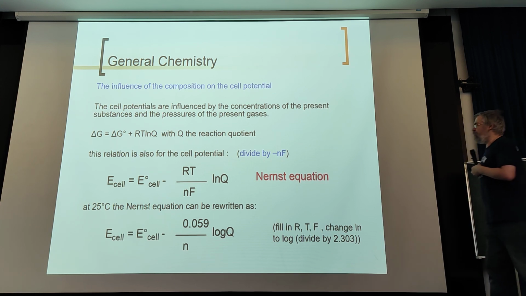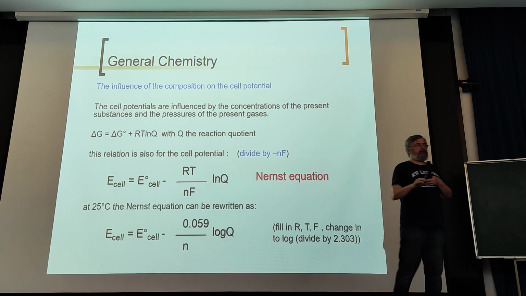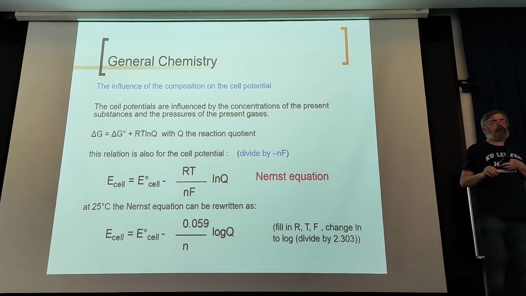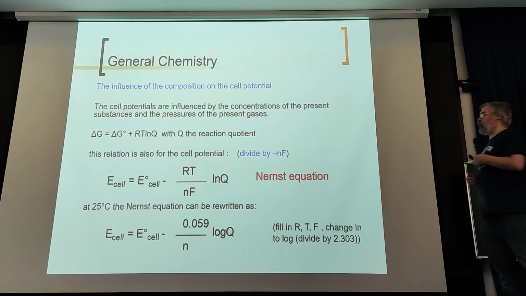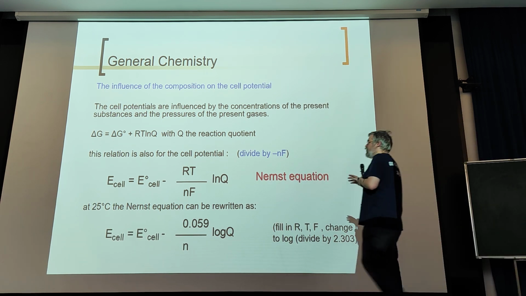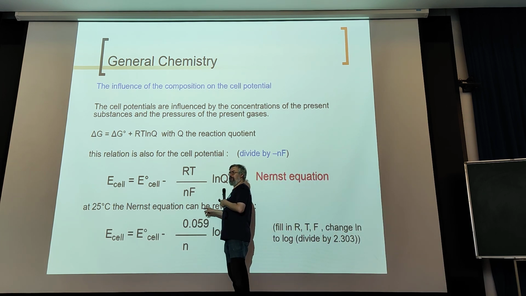So you fill that in. You fill in R, which is a constant. You assume that it's at room temperature, 25 degrees, so 298 for T. And then Faraday is 96,500. So all of these numbers are inside of this 0.059.